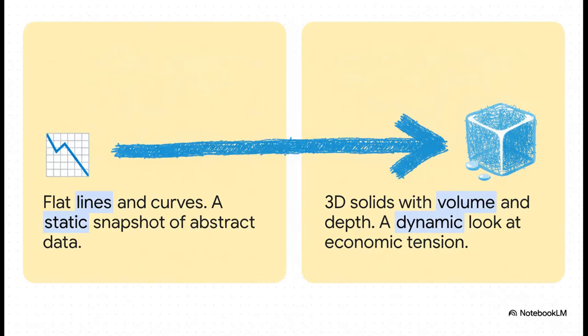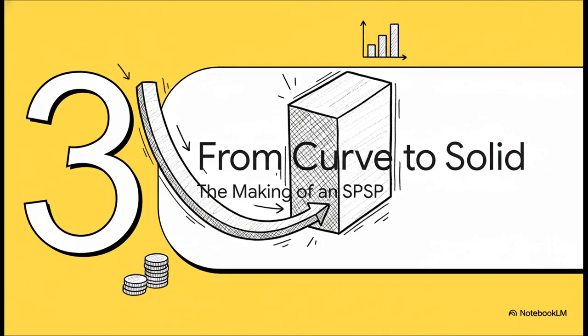So this is the huge leap we're talking about here. Instead of just static lines on a page, we get 3D solids that have volume and depth. And with that, we can go beyond just seeing a relationship to actually feeling its tension and intensity, all represented in a physical form. That all sounds pretty cool in theory, but how do you actually turn a 2D curve into a 3D solid?